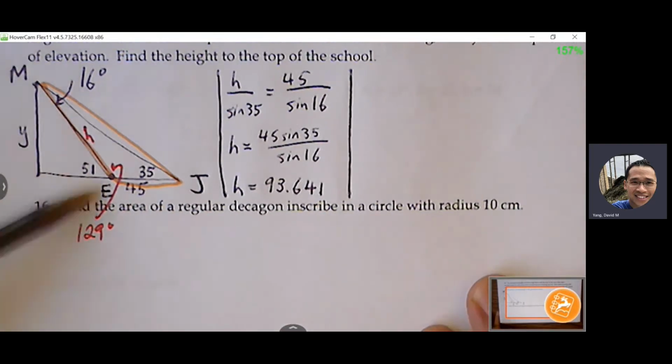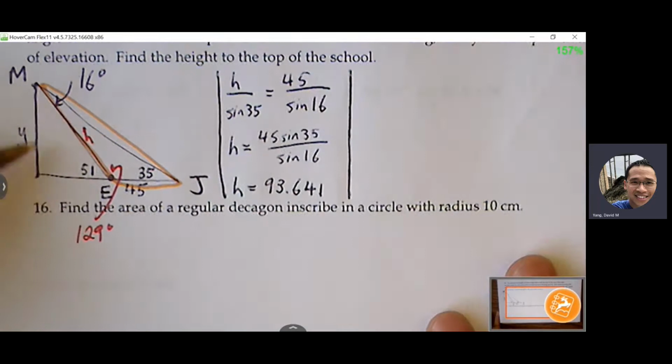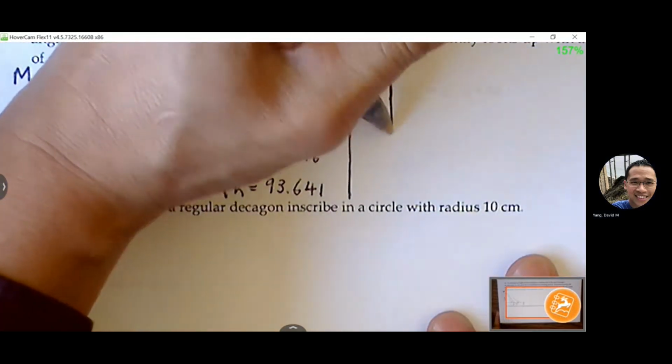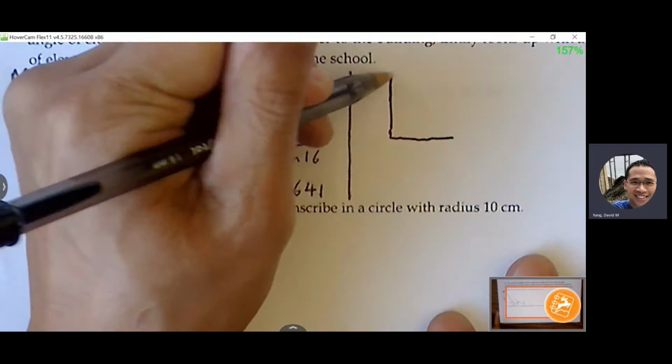Rather than putting everything here, I'm going to draw the right triangle on the left just over here, so I can just get away from the other distractions that I don't need anymore.